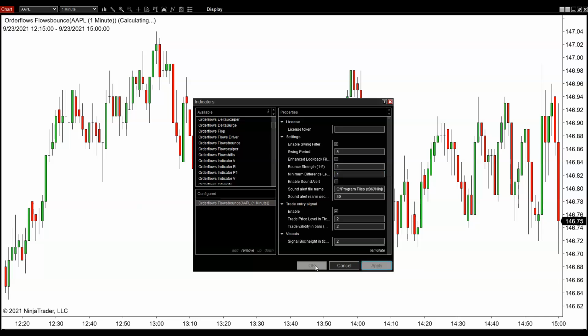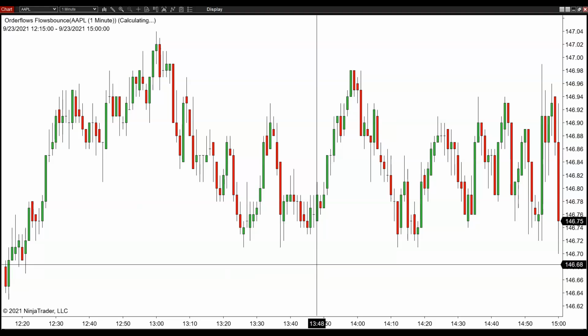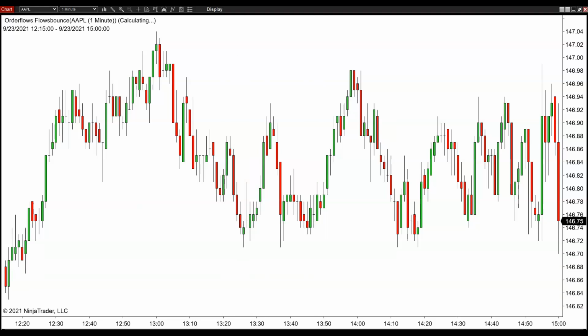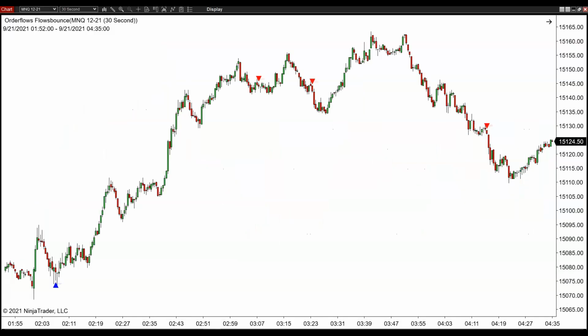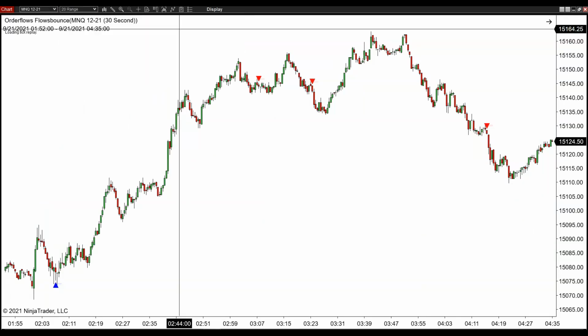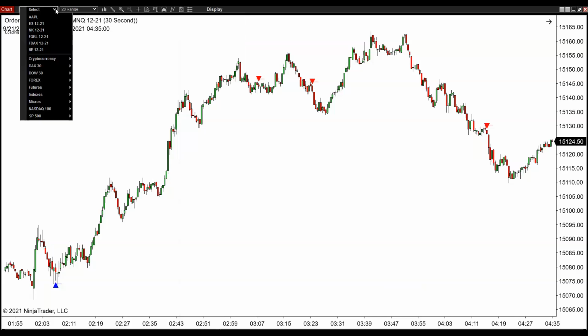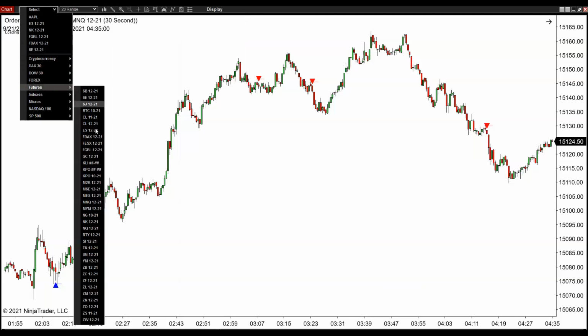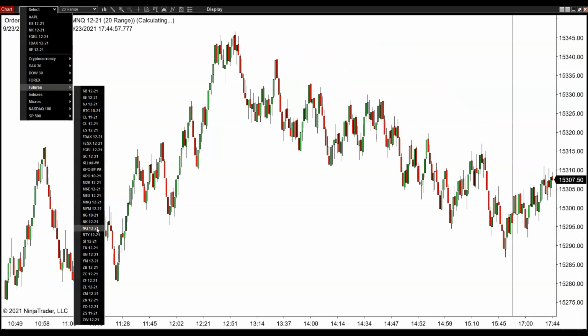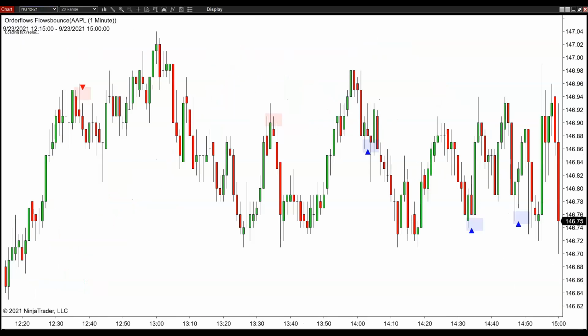Again, with stocks, I find if you're going to look at stocks with order flow, you want to be sticking to the more active stocks. You want NQ? This is MNQ. What is NQ here? Just change it here real quick. Use Apple.